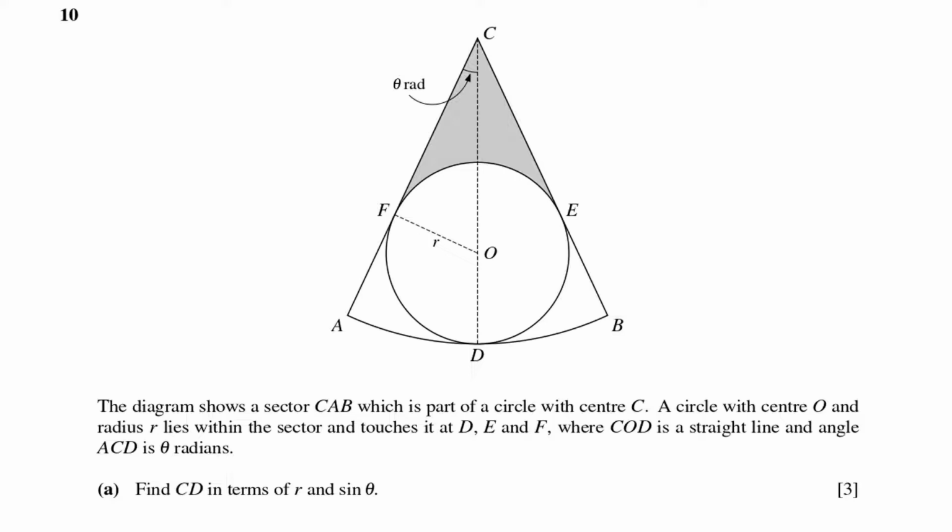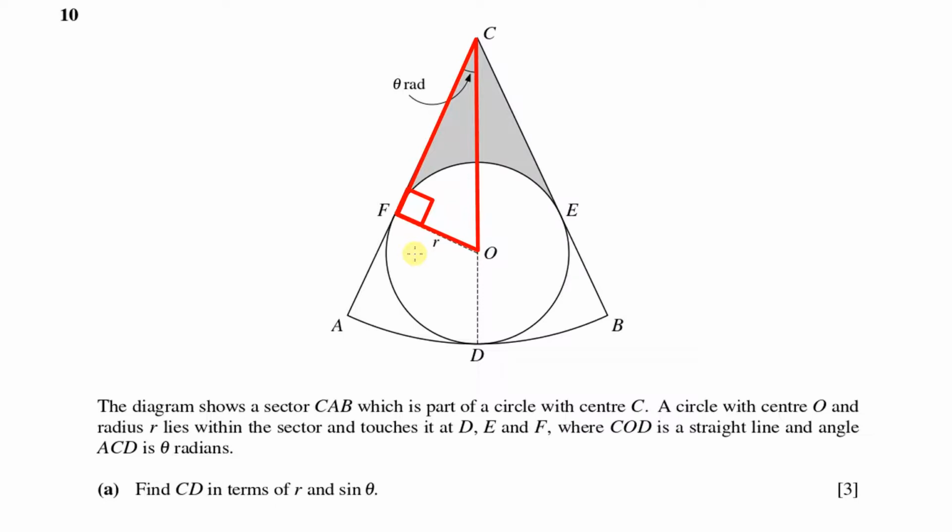So here CD is this line here. And in order for us to find the length of this line, let us first see if we can work out the length of the line OC. Now OC is part of this triangle here, and this triangle is a right angle triangle since the line CFA is tangent to the circle.